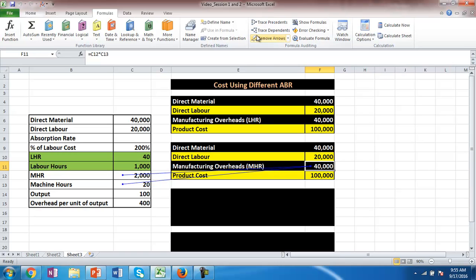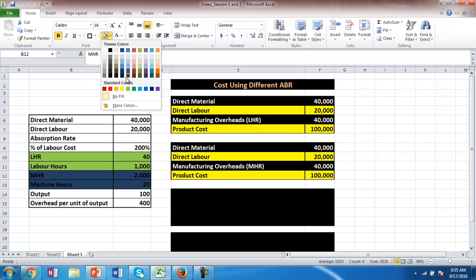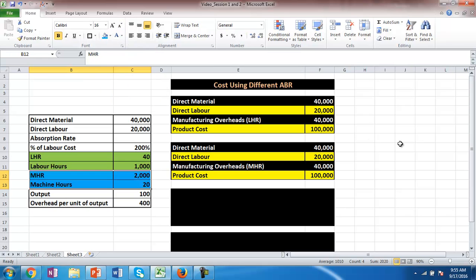But observe, the amount of overheads is the same. The absorption rates are different because we use a different basis.